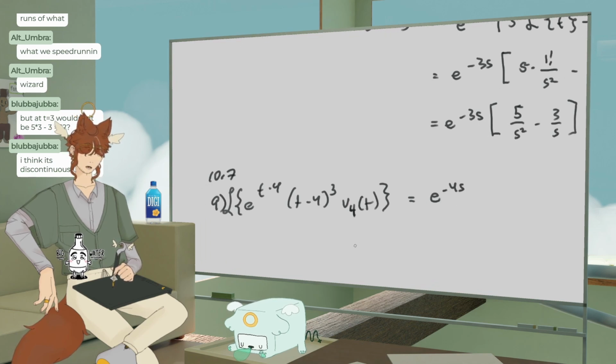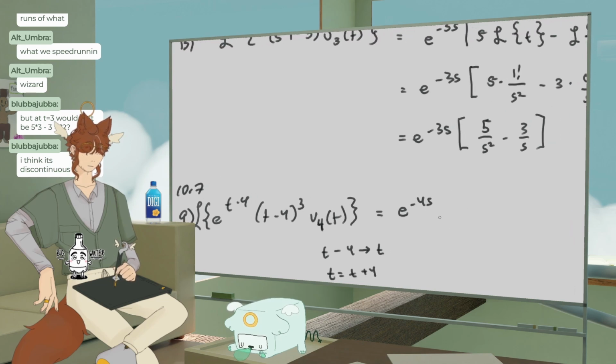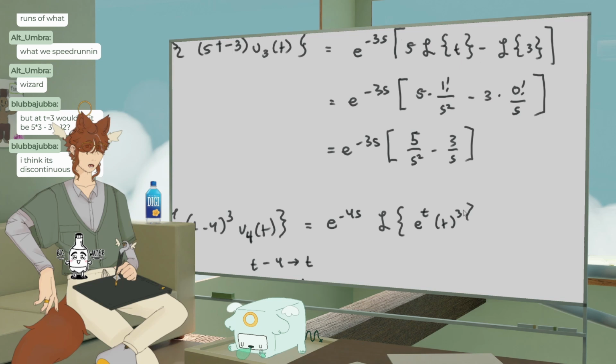I guess we change t minus 4 goes to t. So I guess like t equals t plus 4. Yeah, maybe. So then you get Laplace of e to the t cubed. And then this e to the t is the other shifting.